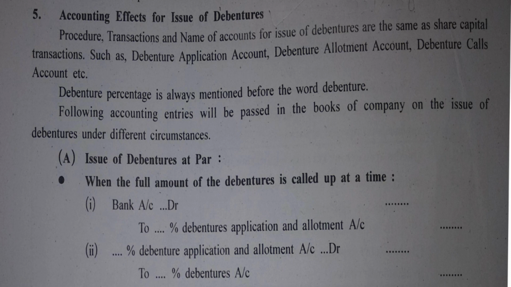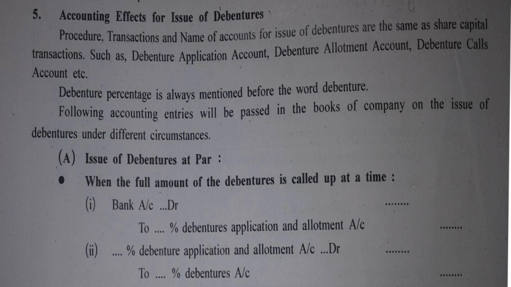You know the situation well. So, issue of debentures at par, when the full amount of the debentures is called up at a time. Full amount means if a debenture is of rupees 100, all 100 rupees are called up at a time itself. Then what are the journal entries for that?